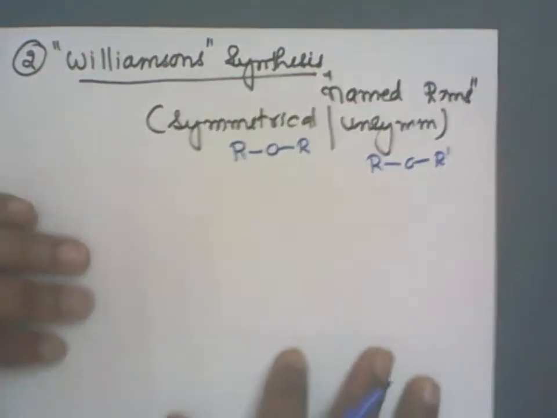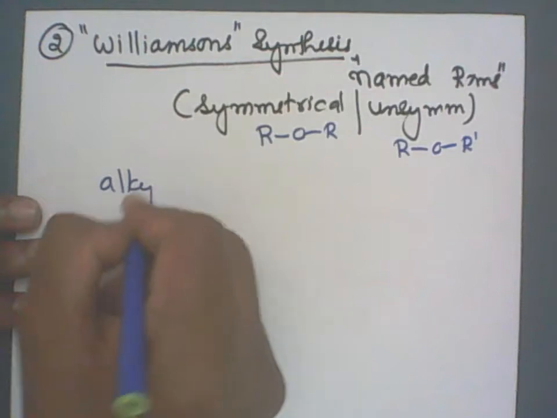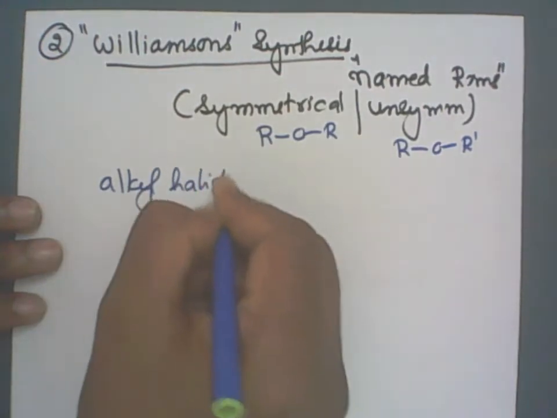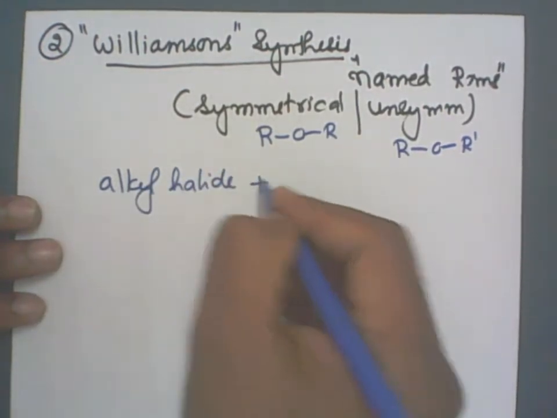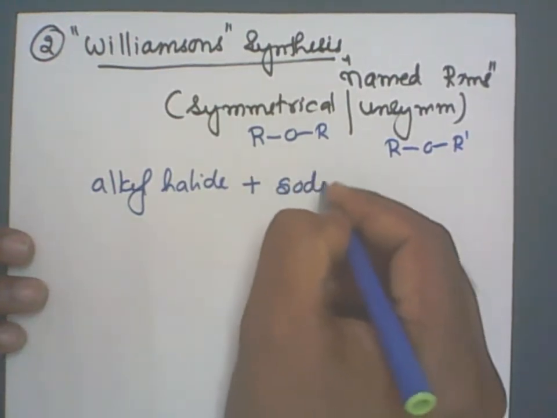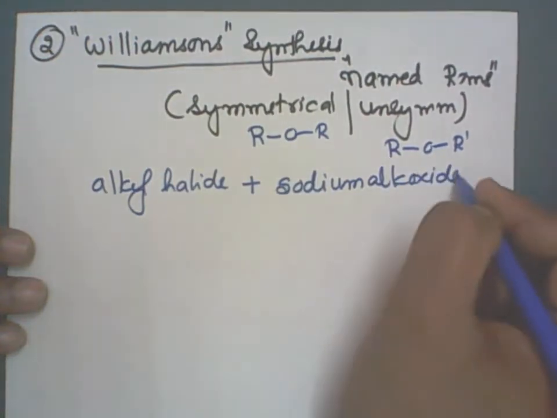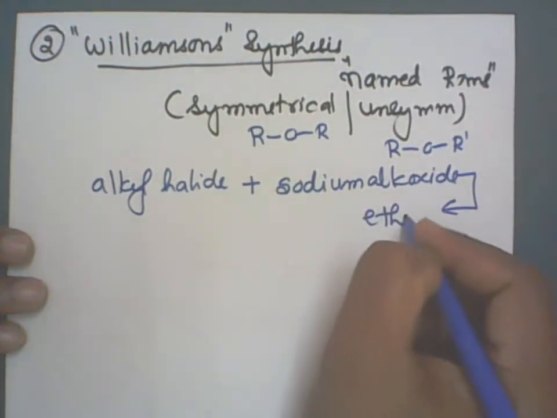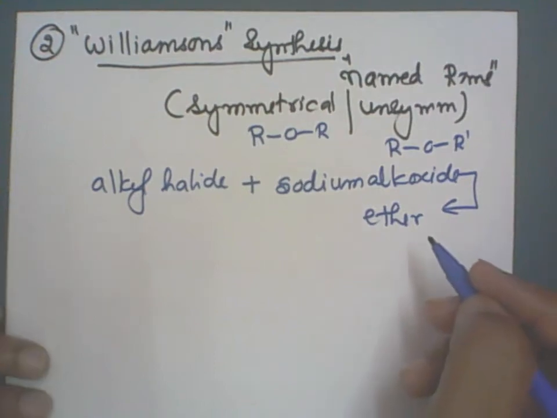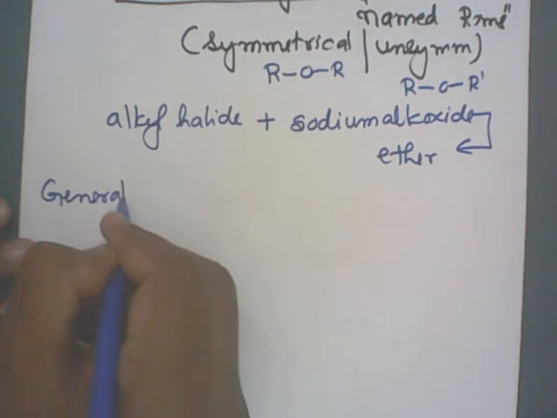Now, what is the reaction? In this case, you are supposed to take alkyl halide. Alkyl halide is made to react with the sodium salt of the alcohol called sodium alkoxide, which gives ether as the main product. Let us see. Let me write down the general equation now.